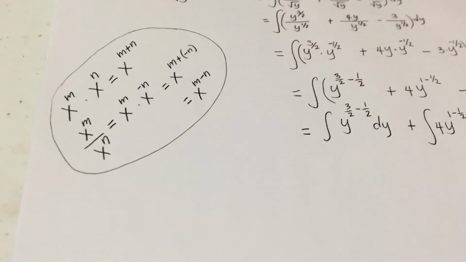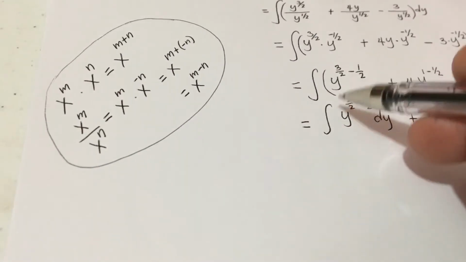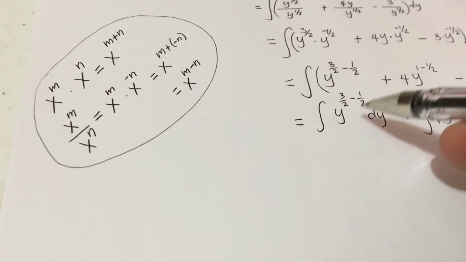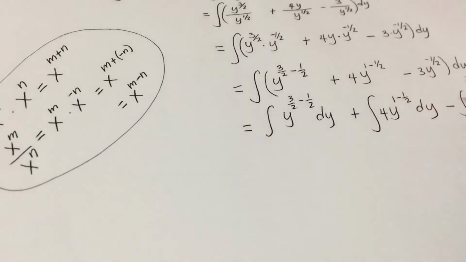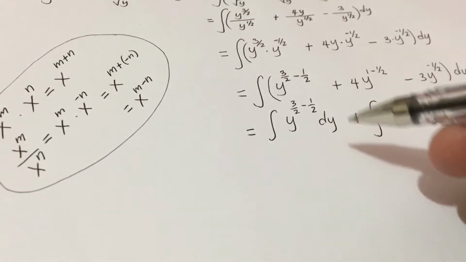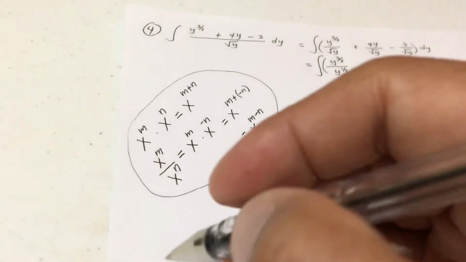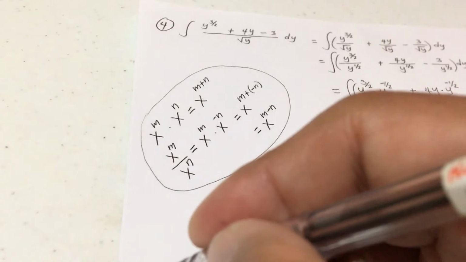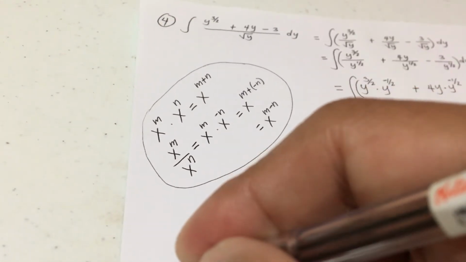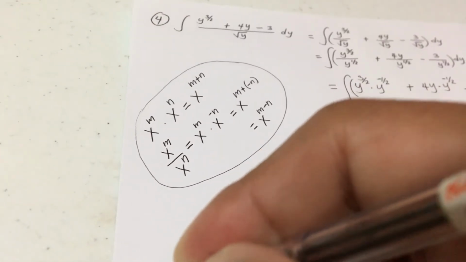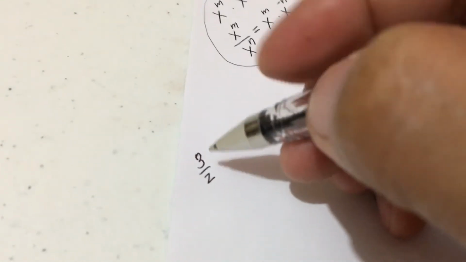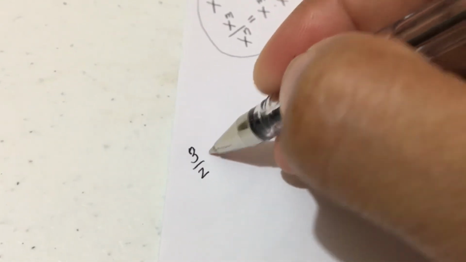Then let us evaluate first the powers or the exponents of each term, y with exponents. So for the first term, the power of y is 3 halves minus 1/2.